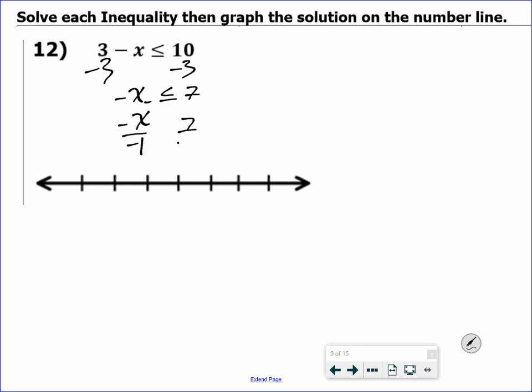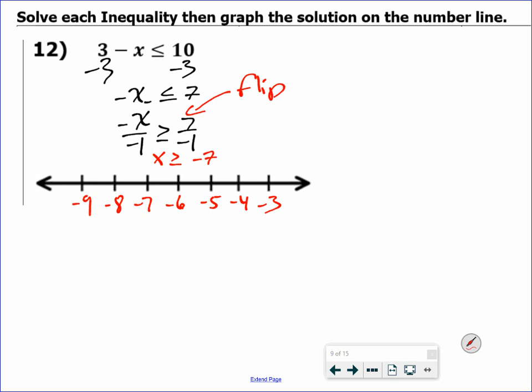But when you multiply or divide both sides of an inequality by a negative, you have to flip the inequality, and we'll get x is greater than or equal to -7. So I would have a closed circle at -7, and I would shade up because x is bigger than -7.